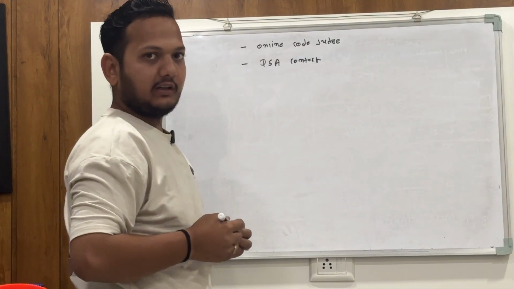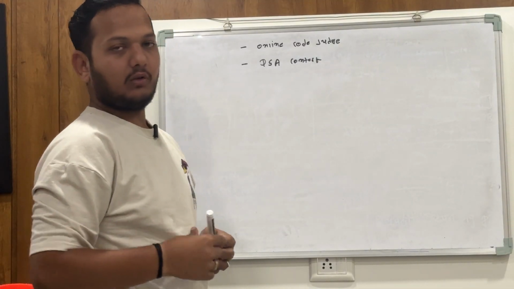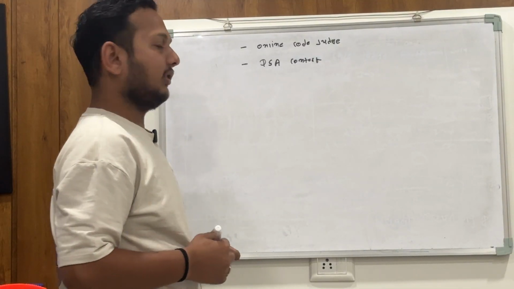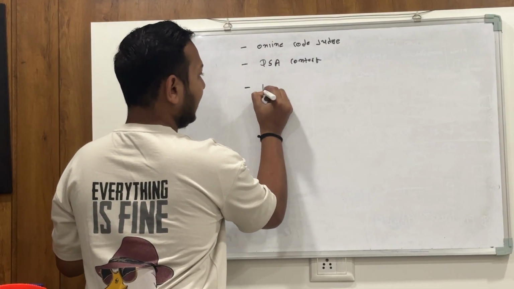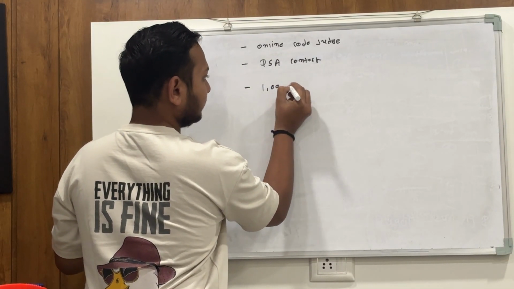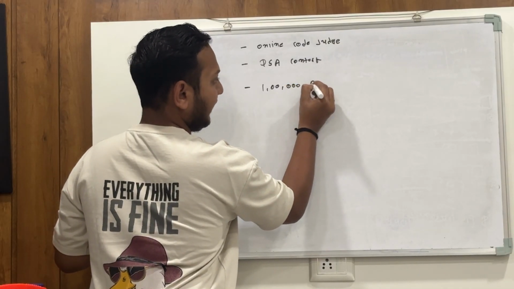So let's take a rough estimation of traffic first. For example, we have 1 lakh participants, right?